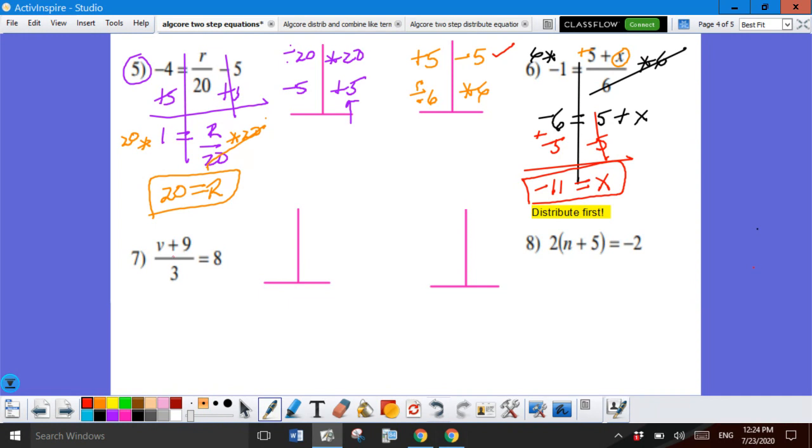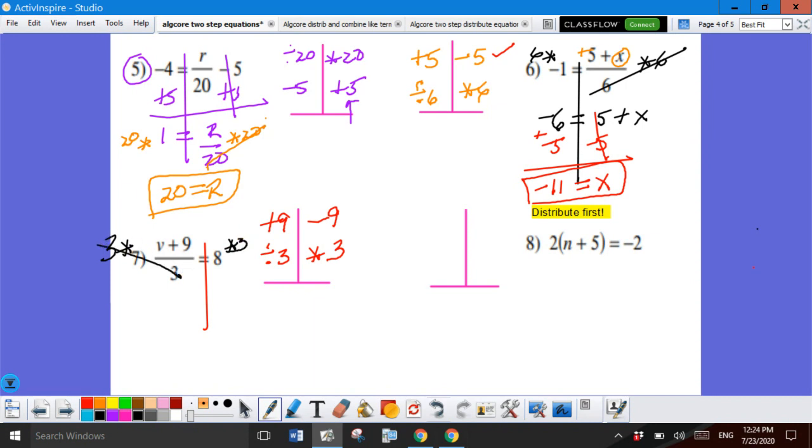Okay, hit pause. See what you can do with number 7. All right, so hopefully you realize that was plus 9 minus 9. Divide 3 times 3. So the first thing I'm going to do is multiply by the 3.